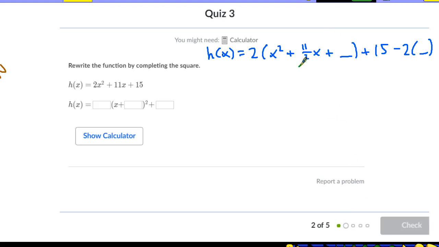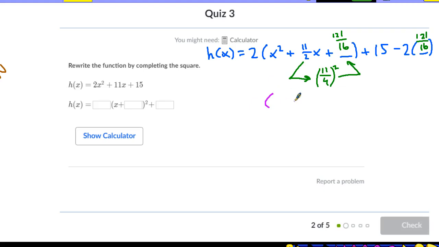In the blank here, what we do is we take this number 11 divided by 2 and we divide it by 2. That gets us 11 divided by 4, and then we square it. And then we put it in this blank. Again, I told you this is going to get complicated, and I apologize, but this then gets us 121 over 16, and over here we put 121 over 16, and then we have to rewrite.